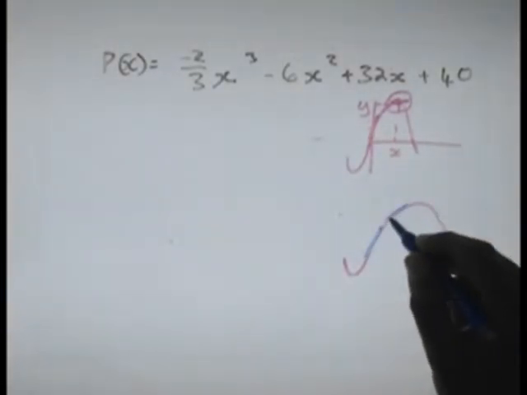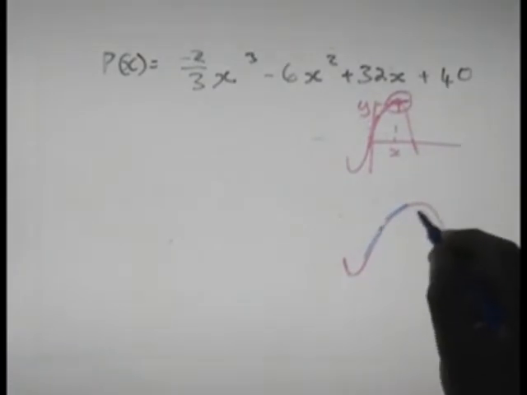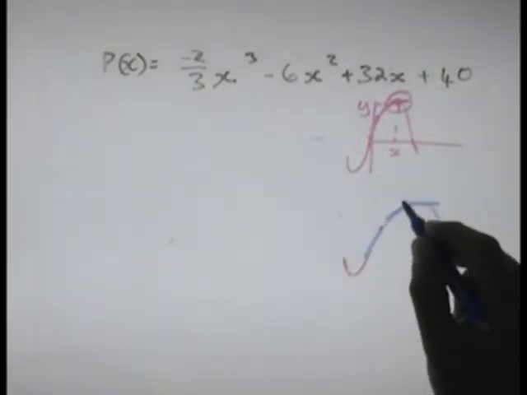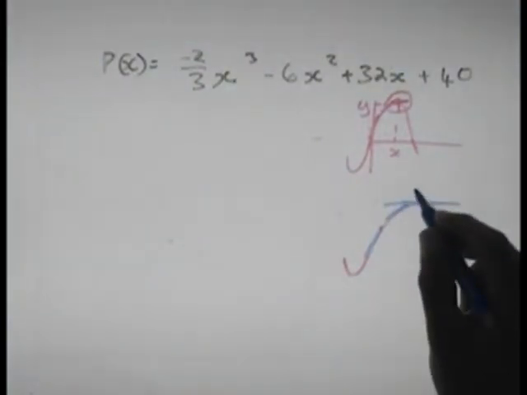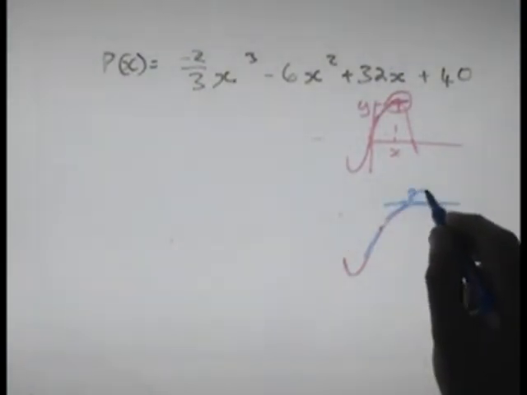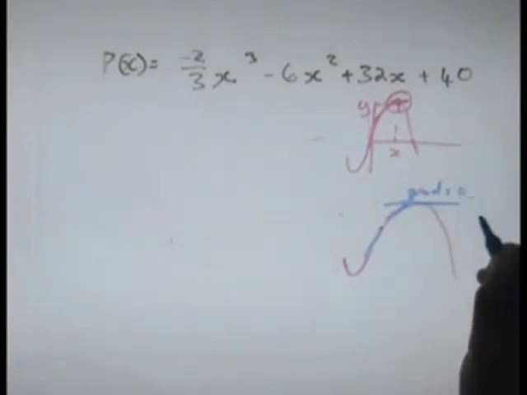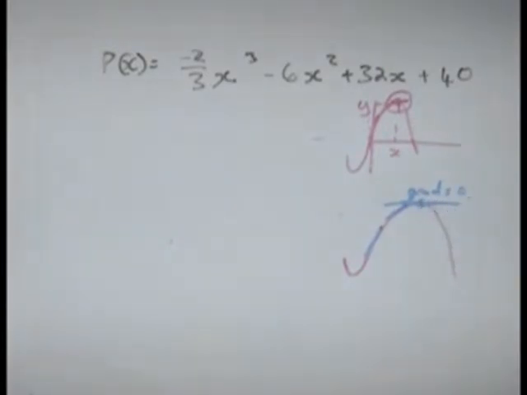Here, our profit is still increasing, but at a lower rate. At the top of our graph, it's a flat line, which means that our gradient is equal to 0. That is our maximum point, or our turning point, when our gradient is equal to 0.